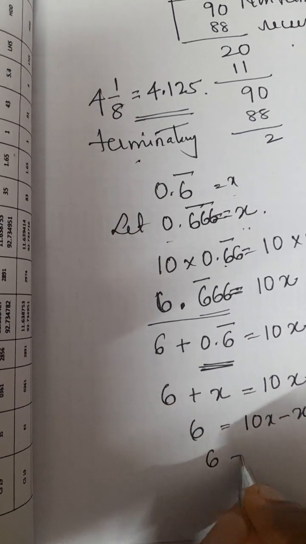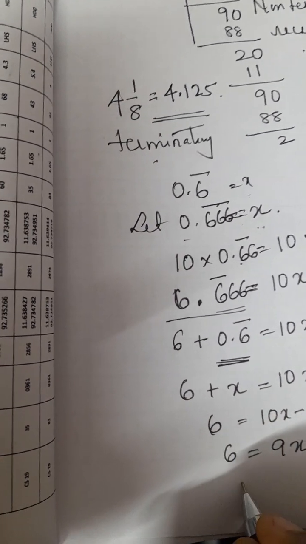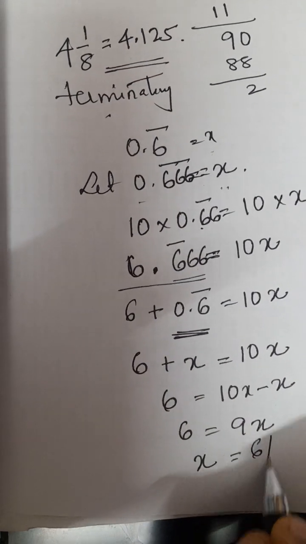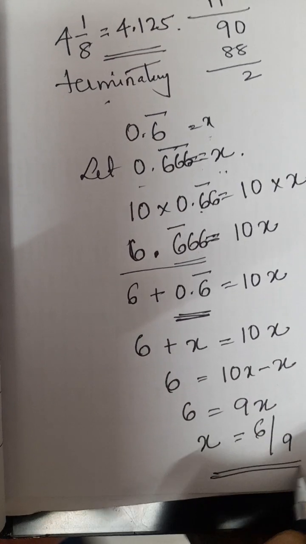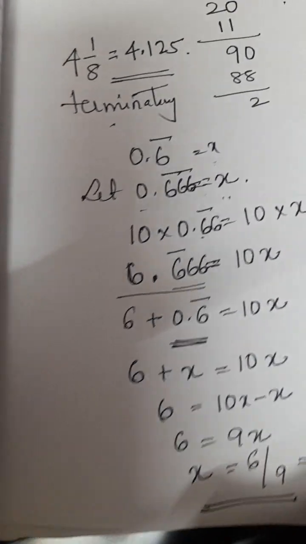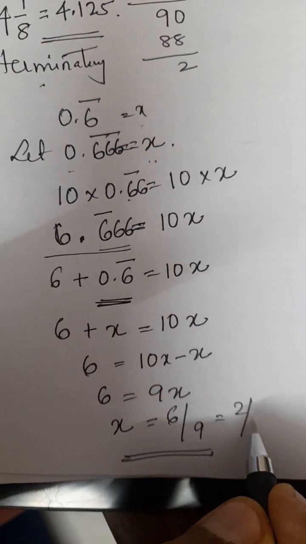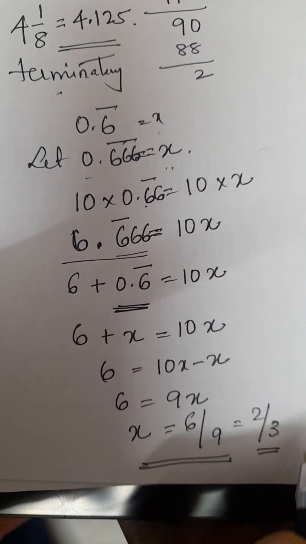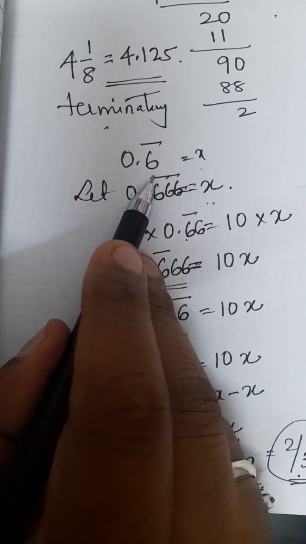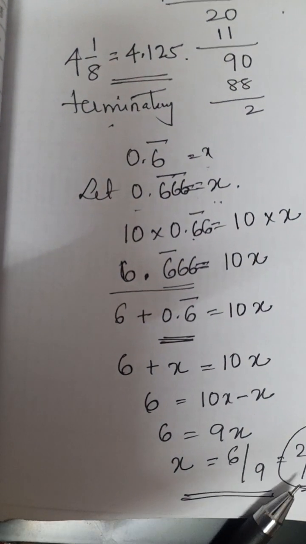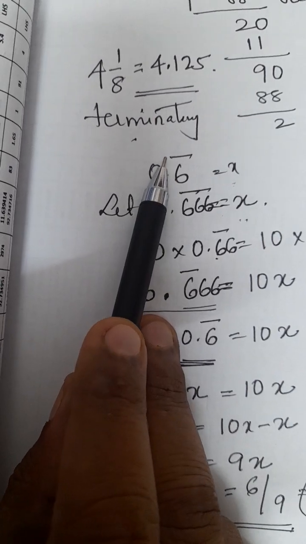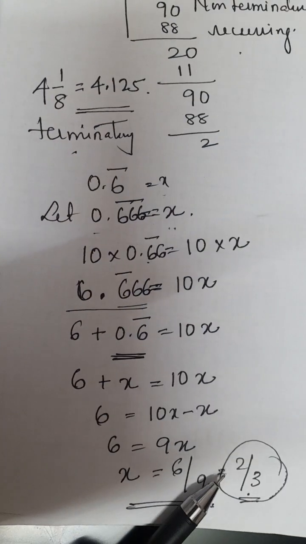So 6 is equal to 9x. So x is equal to 6 by 9. In the simplified form, this is 2 by 3. So this is the representation of 0.6 bar in the form of p by q, and hence you can say that 0.6 bar is a rational number.